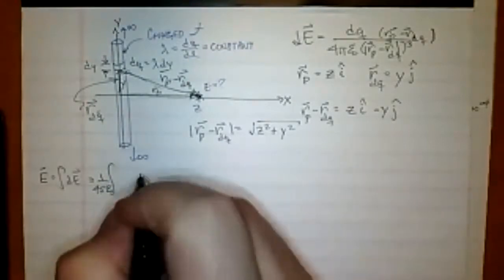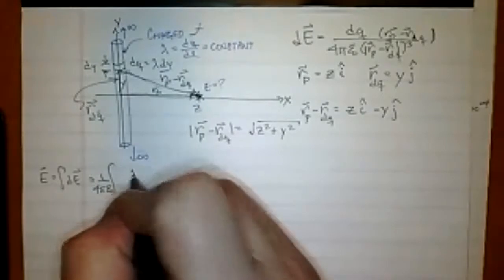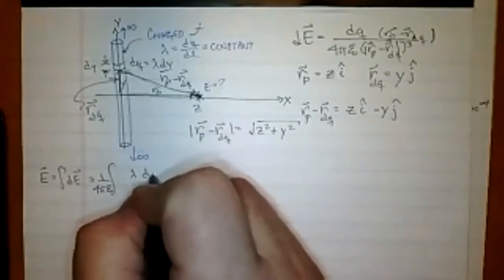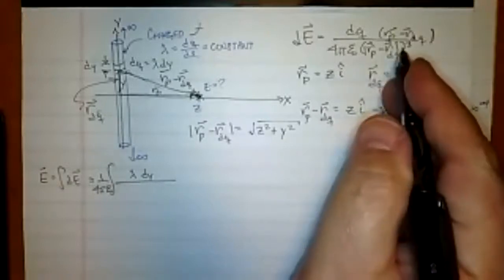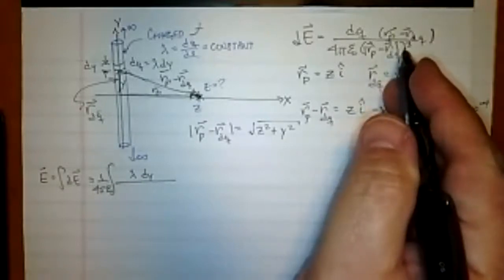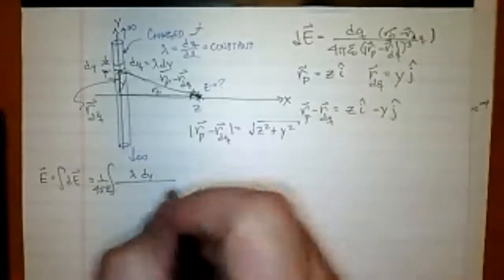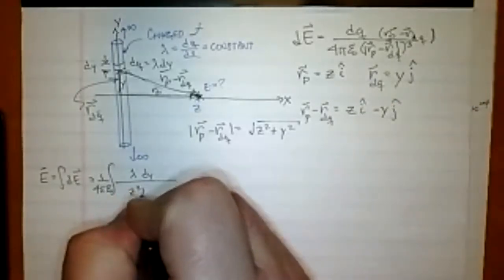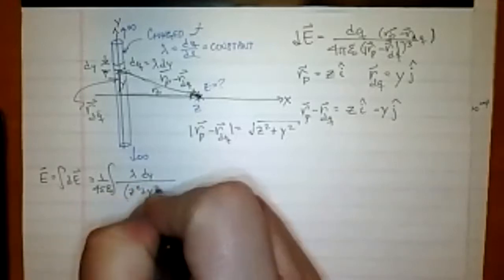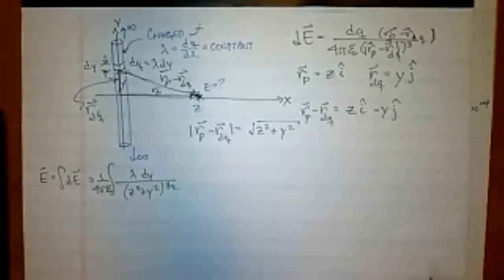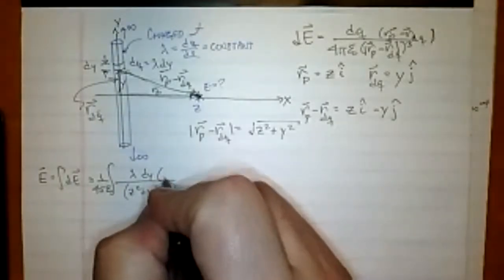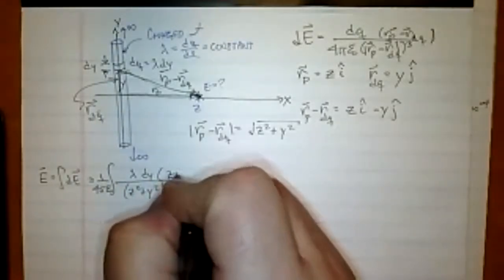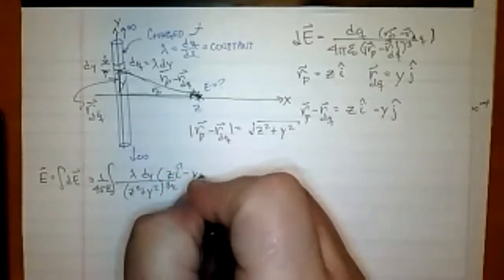I can take the integral of lambda, which is also a constant, times dy over. Now I've got to raise the distance to the third power. So I'm going to cube that. So that would be z squared plus y squared to the 3/2 power. And then this will be times z i hat minus y j hat.